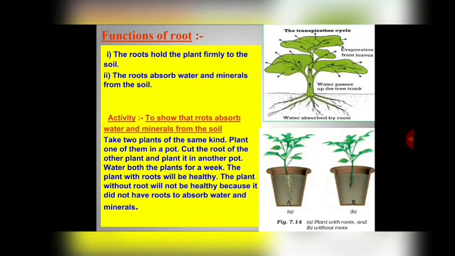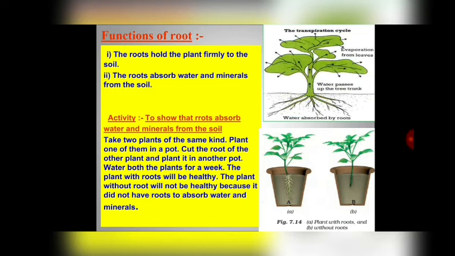The plant with roots will be healthy. You will find that the plant with roots will grow faster, and it will look very healthy. But the plant without roots will not be healthy because it did not have roots to absorb water and minerals from the soil.